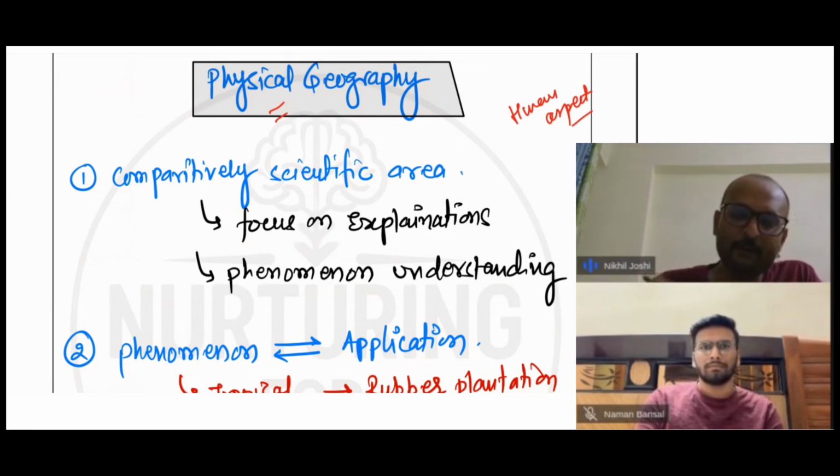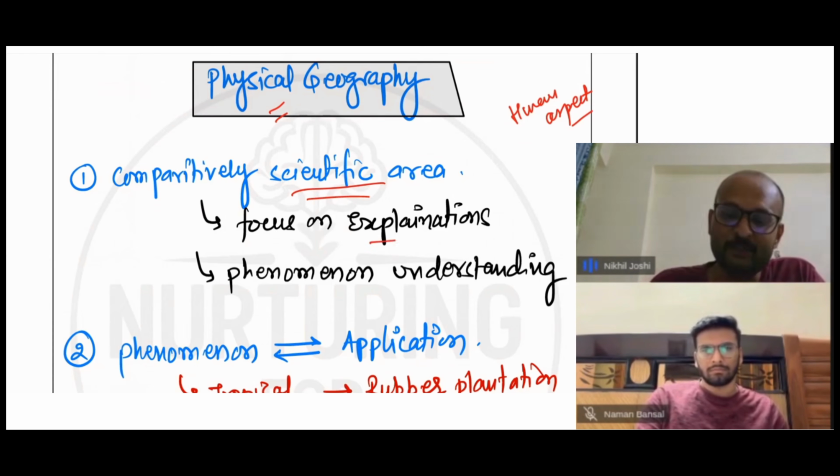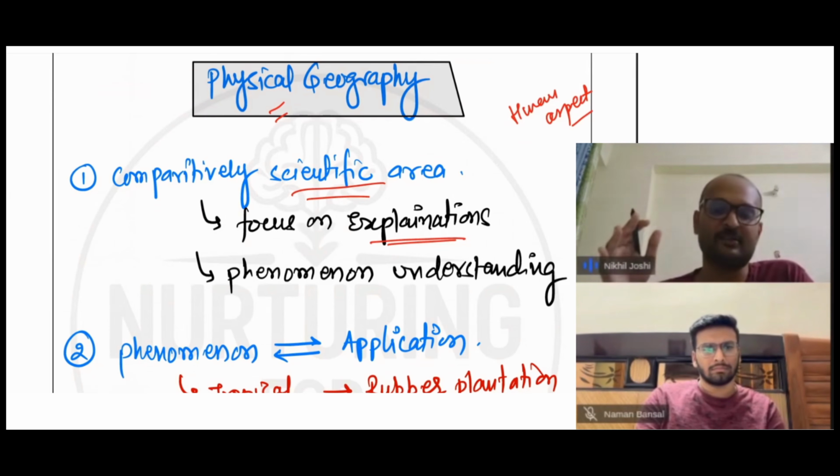Physical geography is a comparatively scientific area. When I say scientific, there are established explanations, established facts and theories, and they also ask along the same lines. So we need to focus on how we comprehend those explanations and how we write them crisply in the answers.